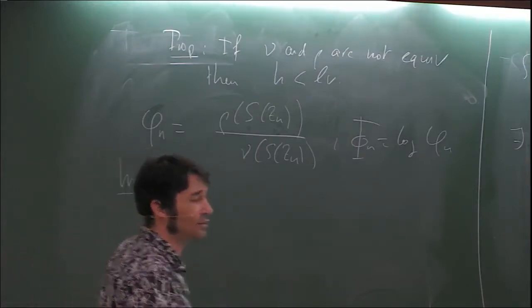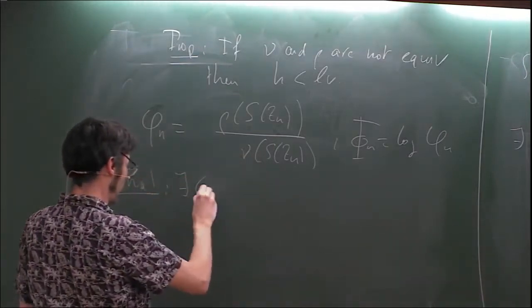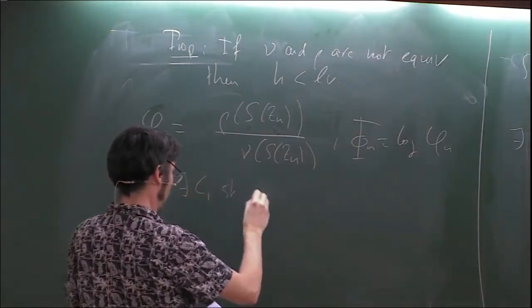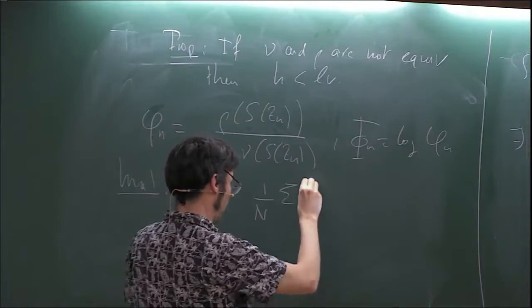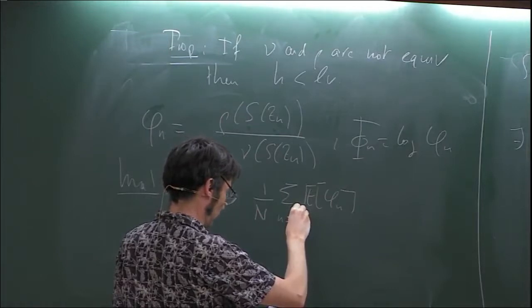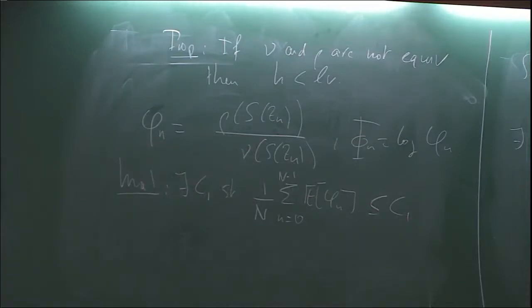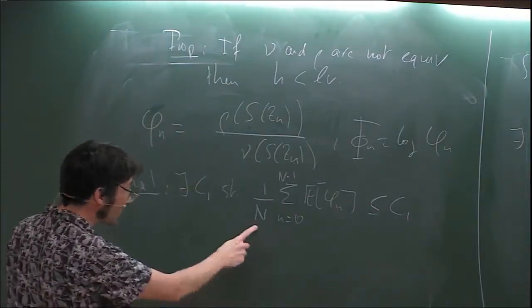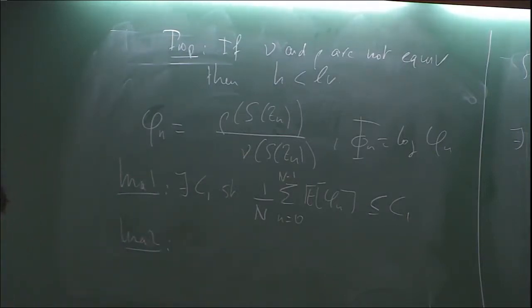So the first: there is a constant C1 such that when you look at the expectations of phi n, this is bounded by C1. So this is independent of n, otherwise it's not very interesting. Okay.